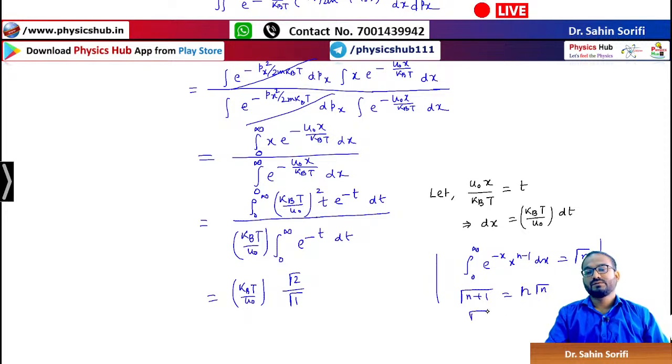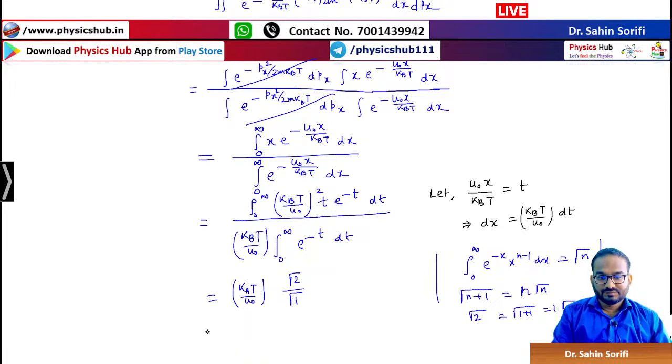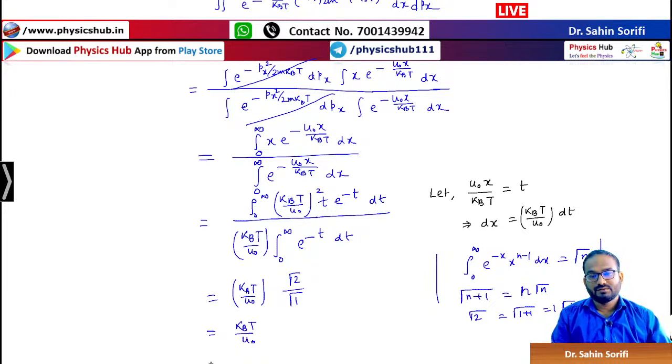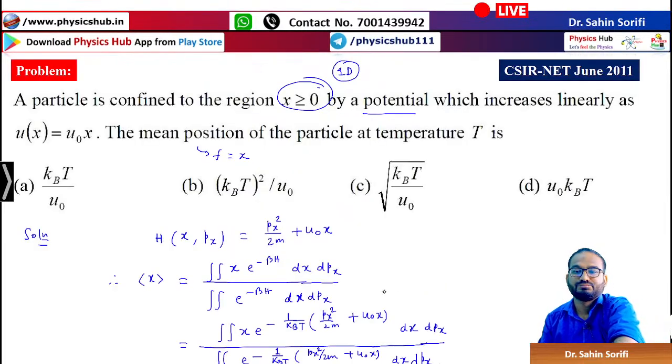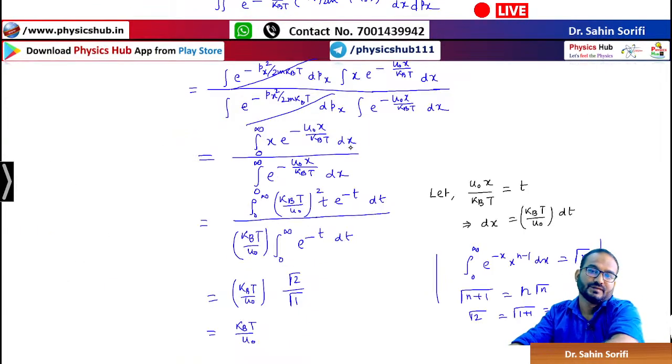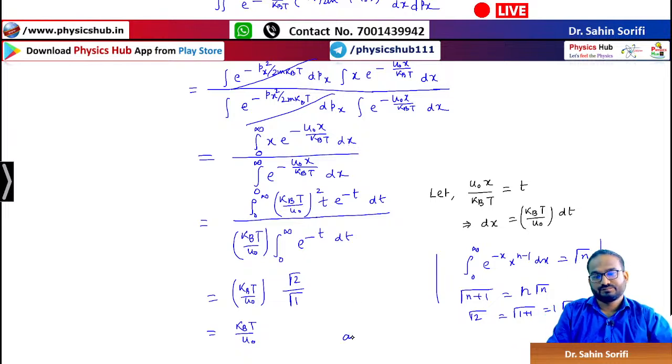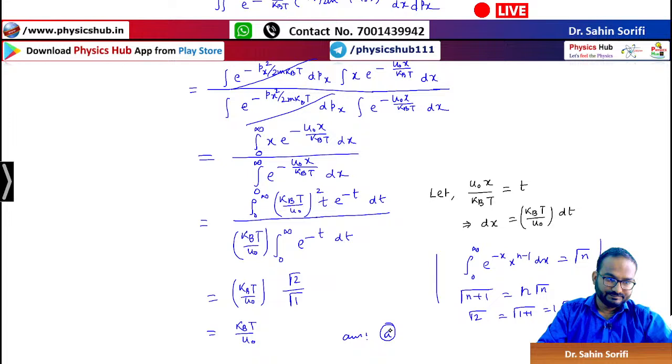So gamma 2 is equal to 1 gamma 1, and gamma 1 is 1, so it is 1. So this is equal to kT by U naught, matching with option A. Understood how we are getting things? Let me know once it is done.